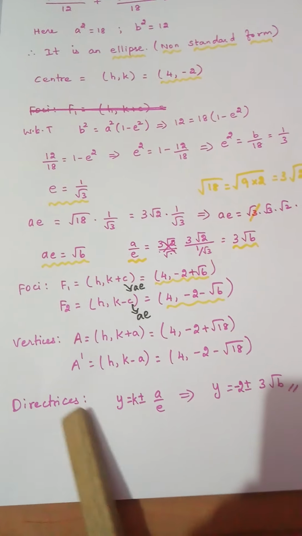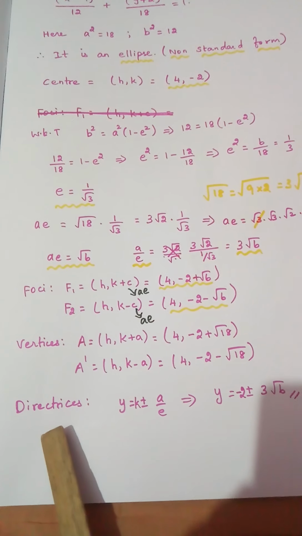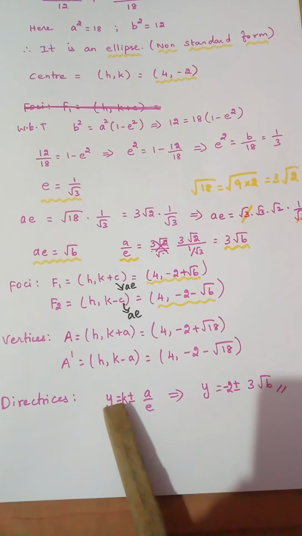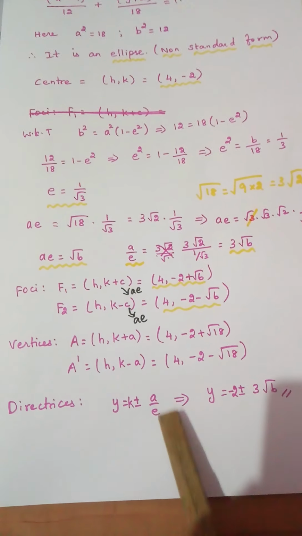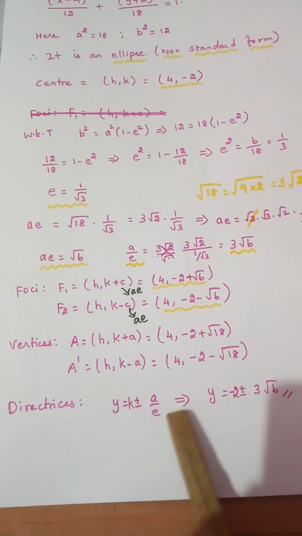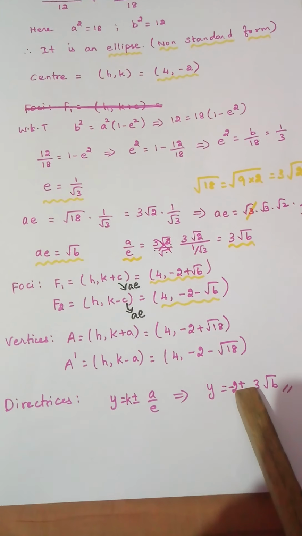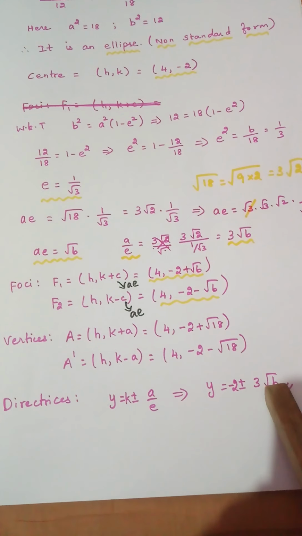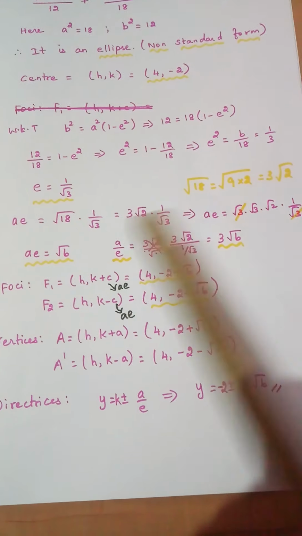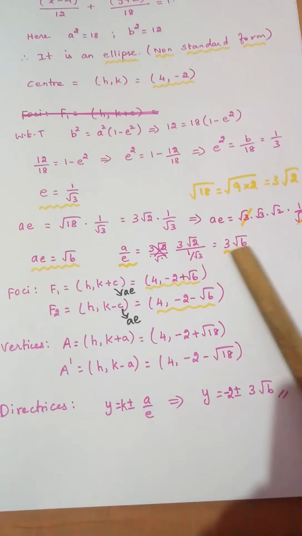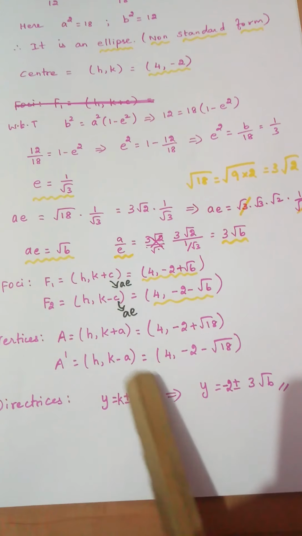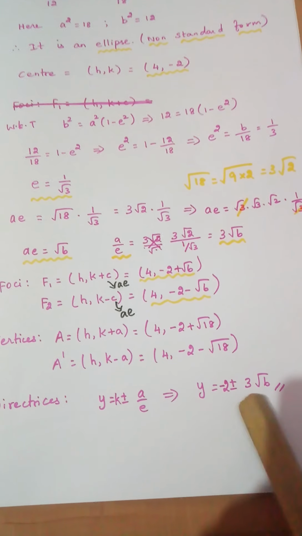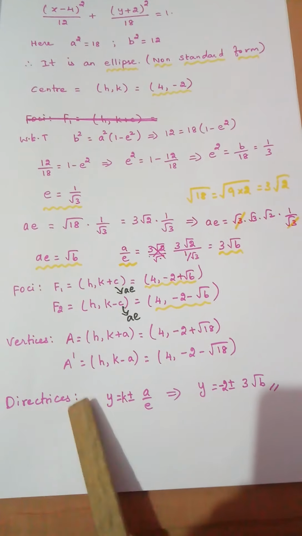Next, directrices. What type is this? Non-standard form. What is the formula? Y is equal to K plus or minus A by E. This implies Y is equal to K value, minus 2, plus or minus A by E, which we have already calculated. A by E is 3 root 6. So minus 2 plus or minus 3 root 6 is the answer for the equation of directrices.